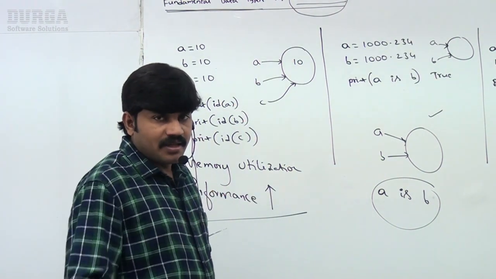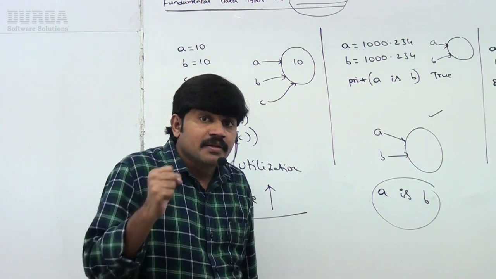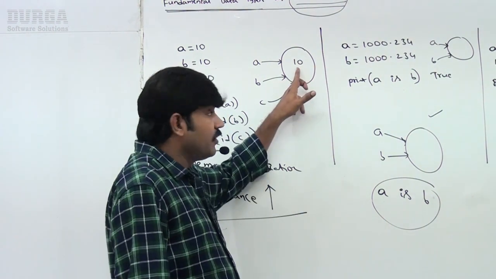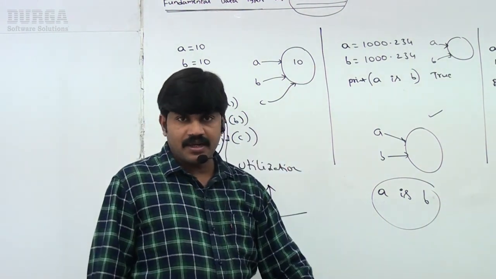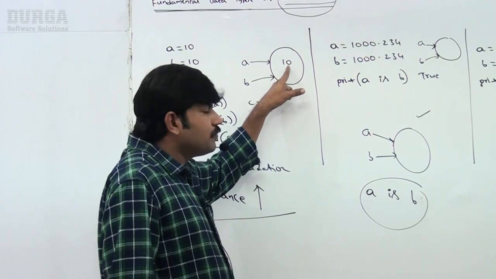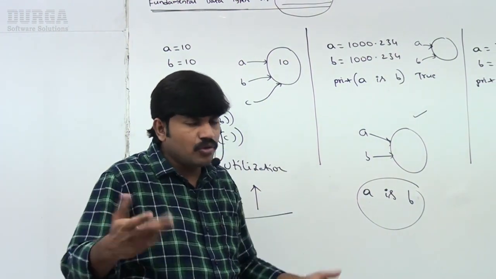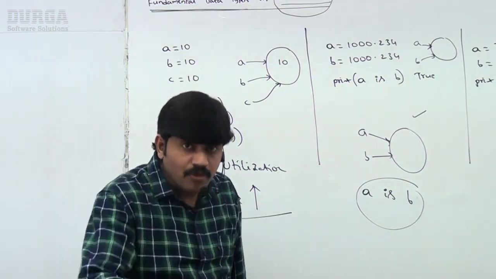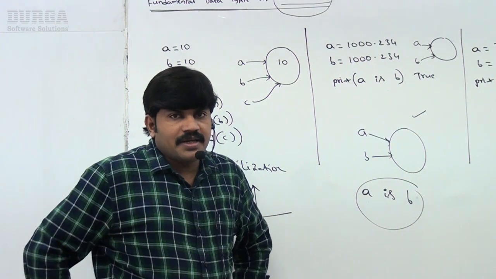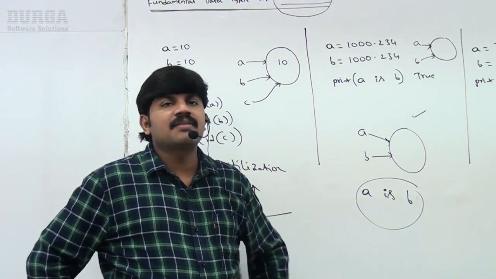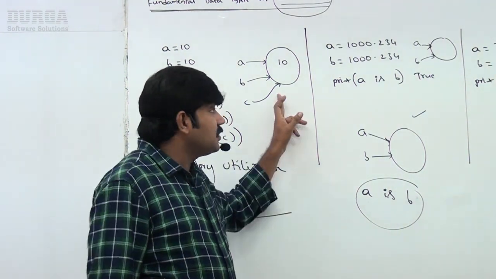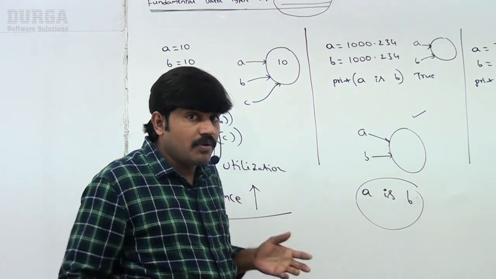If an object is already available with the required content, then the existing object will be reused. If no existing object is there, then only a new object will be created. This is the advantage of this approach.